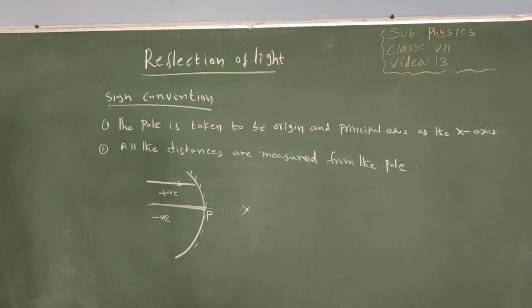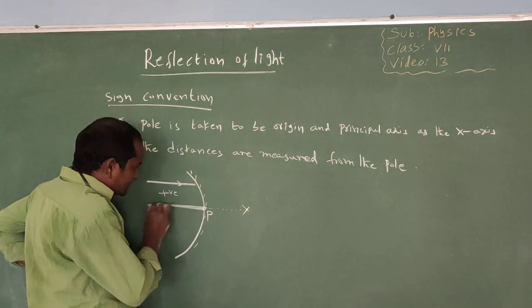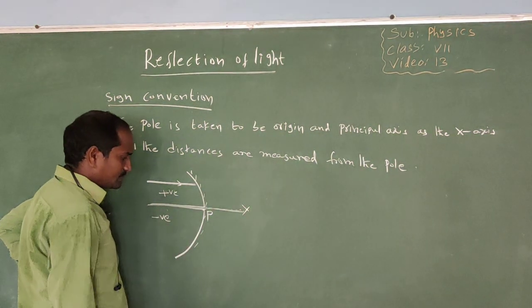Angles measured from the normal and anticlockwise are positive, while those clockwise are negative. So this is the sign convention.